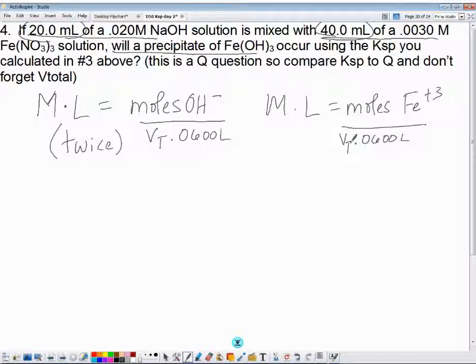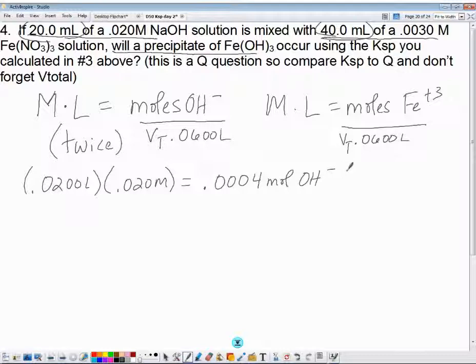For the ice chart. All right, so let's do that real quick. Let's take our 0.02 liters and multiply that by 0.02 molar to give me 0.004 moles of hydroxide. I'm going to ignore the sodium. He's there, but I'm ignoring.